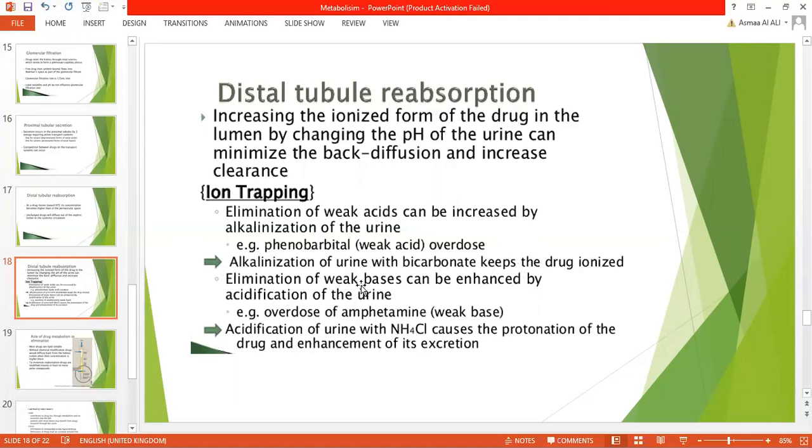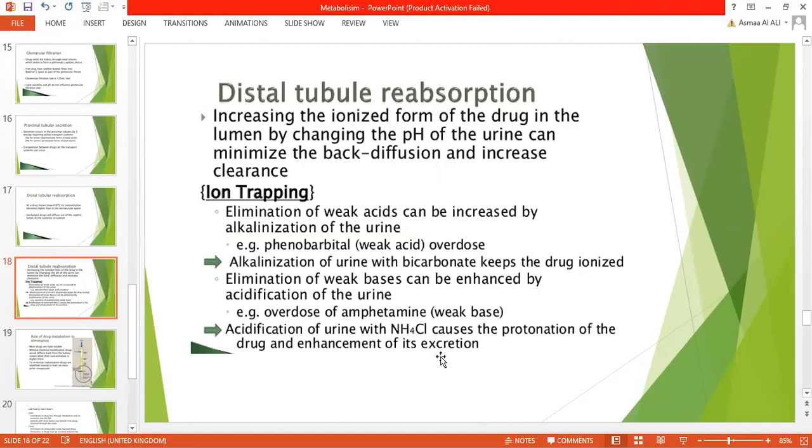Elimination of weak bases can be enhanced by acidification of the urine. For example, in a patient who takes an overdose of amphetamine, which is a weak base, acidification of the urine with NH4Cl causes protonation of the drug and enhancement of its excretion.